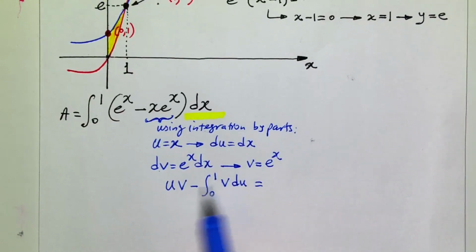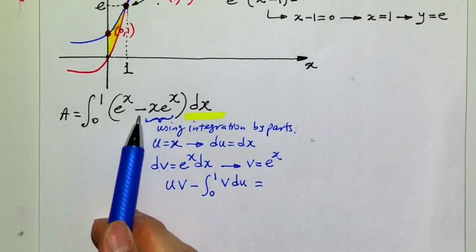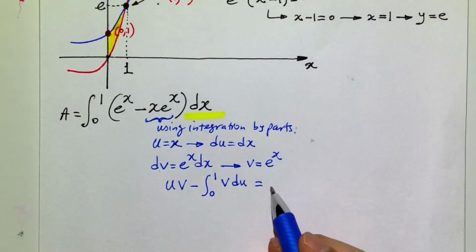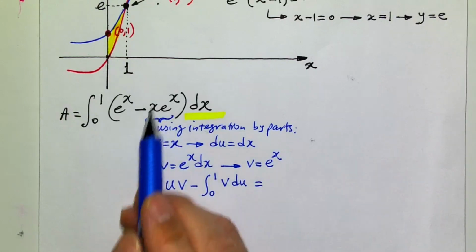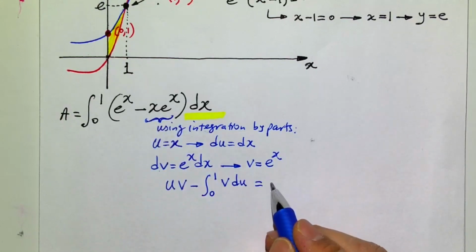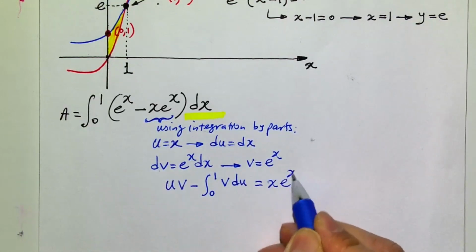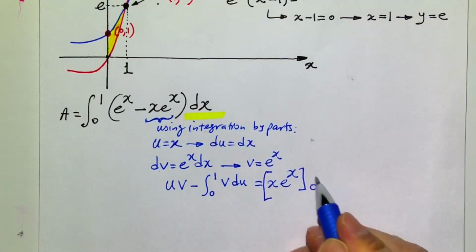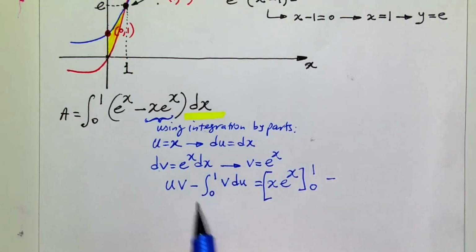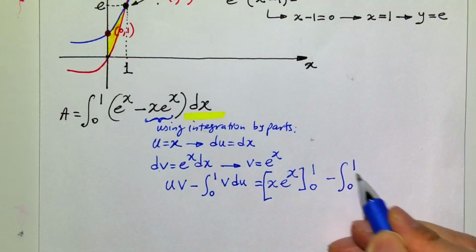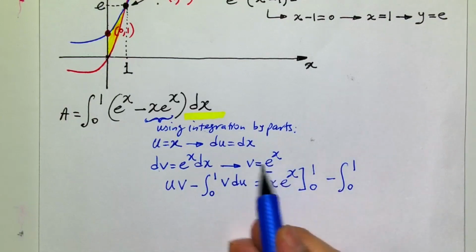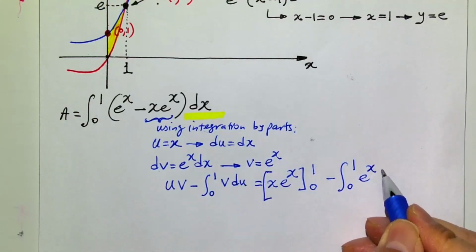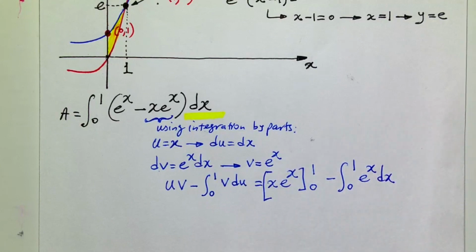Once we figure this out, I'm going to replace it in here, and that will be just the components of that piece. So uv would be x times e to the x, going from 0 to 1, minus the integral from 0 to 1 of v du, so e to the x dx.